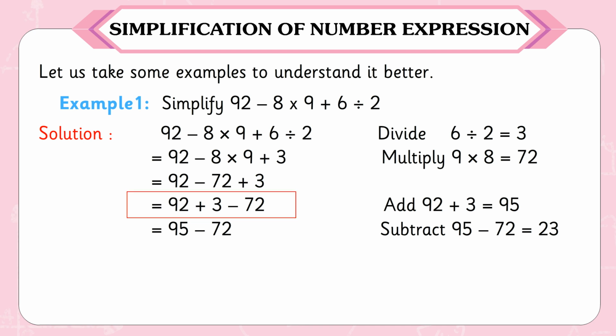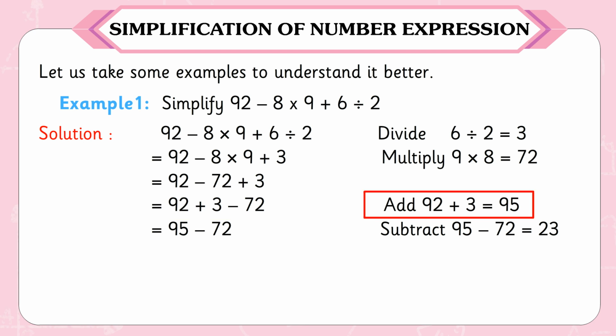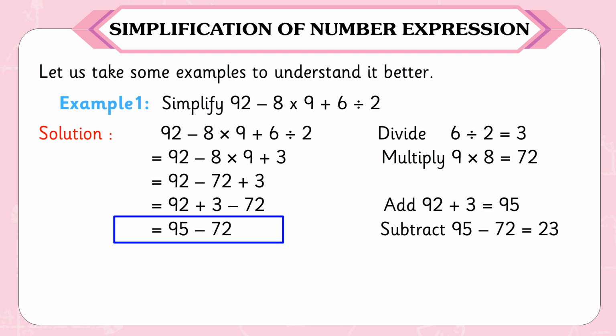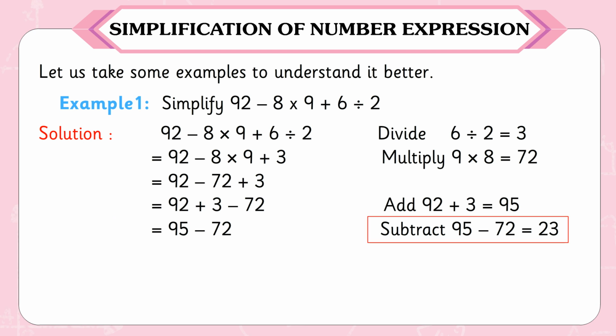Is equal to 92 plus 3 minus 72. Add: 92 plus 3 is equal to 95. Is equal to 95 minus 72. Subtract: 95 minus 72 is equal to 23. Answer 23.